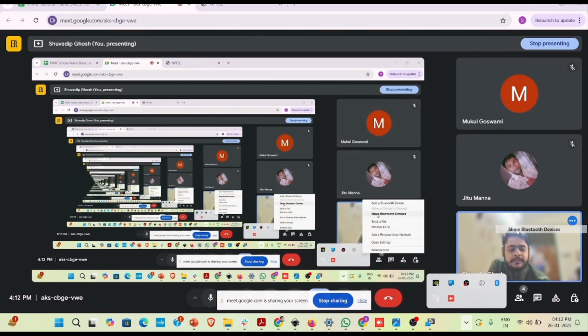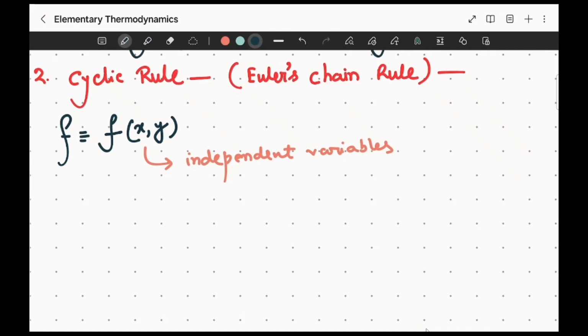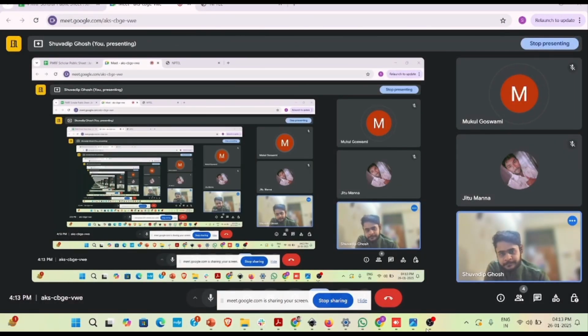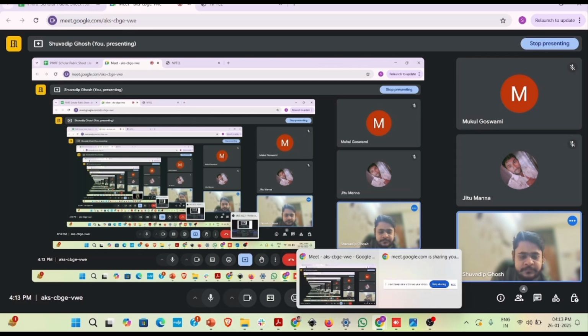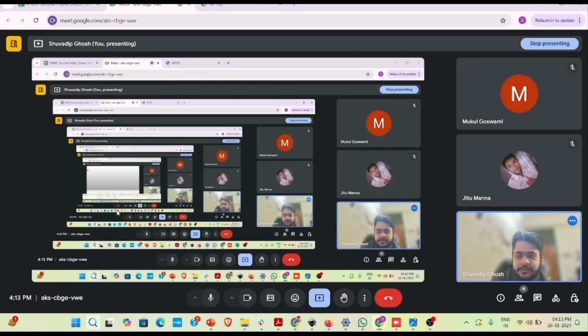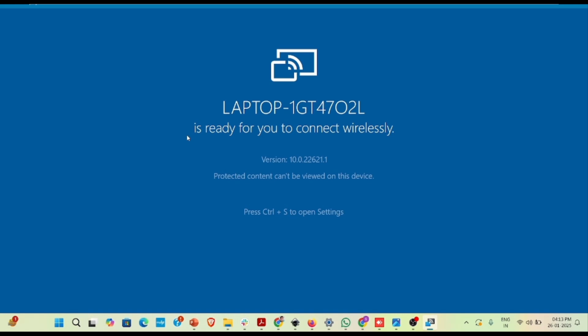First class. If my audio breaks, you can tell me. Is it audible or not, because the mic is connected? One minute. Is it visible? Yes. No, probably not. What is happening? Connection has been lost.